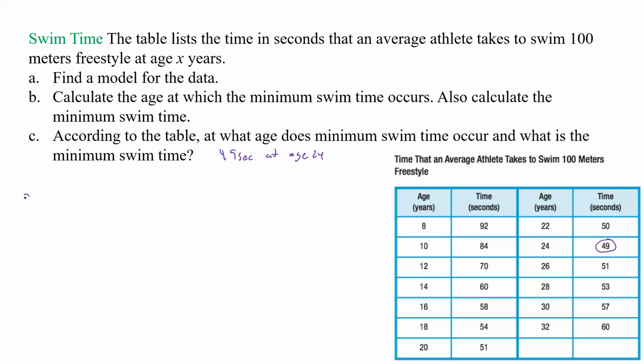So A is the model. So that is maybe time and age. So T of A is equal to, now am I going to remember to put A in there? Probably not, but that's okay. 0.1811 A squared minus 8.4625 A, and then plus 147.37, I think it was 0.6.